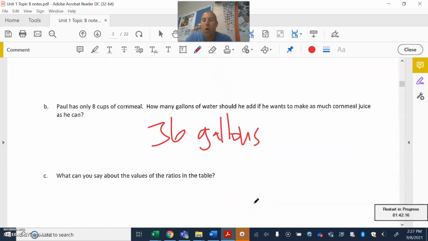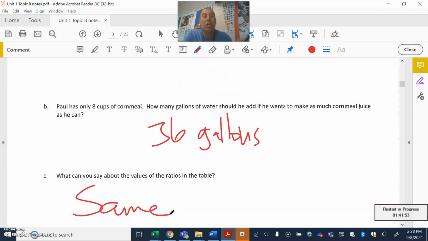Let's see one more. What can you say about the values of the ratios in the table? The whole idea here, this is where we're circling things back to a prior lesson. These are all equivalent ratios in our table. Because they are all equivalent, they are all the same.